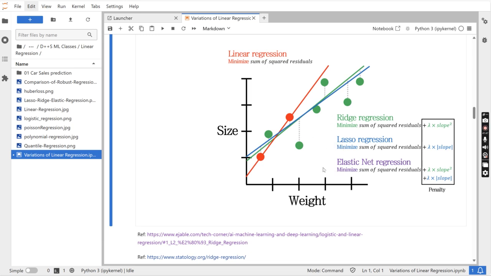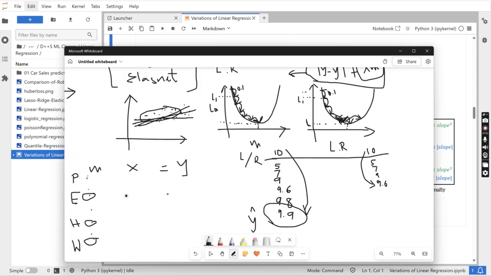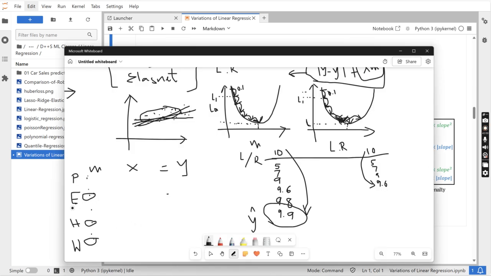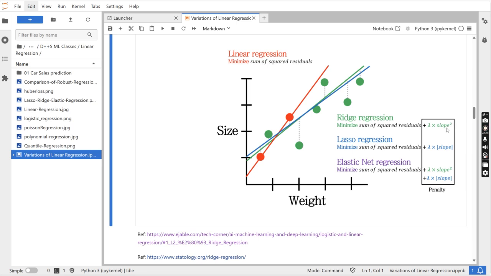Ultimately, all three are used for handling multicollinearity only. Ridge regression, however, does something else. Because you are squaring the slope term, it reduces the coefficients to near 0 but never exactly 0, whereas lasso can make the impact of a value 0.